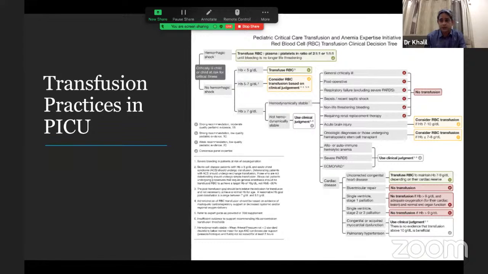So again, the decision to transfuse RBC is to maintain a hemoglobin of 7 to 9, depending on the cardiac reserve in children with cardiac diseases. So again, different conditions warrant different decisions. So just to summarize, less than 5 transfuse, 5 to 7 depending on the hemodynamic and clinical status of the child, more than 7 wait if the child is not in shock.